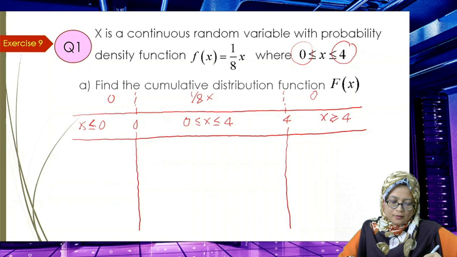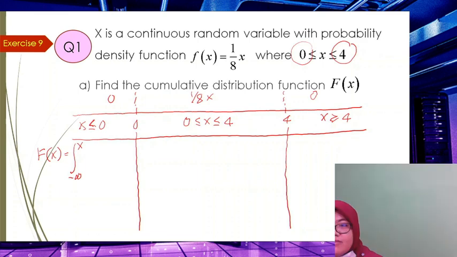Okay, so untuk first interval, kita akan integrate daripada negative infinity until x. Negative infinity until certain value, so certain value tu adalah x. X tu adalah nilai yang kita tak tahu sampai berapa.